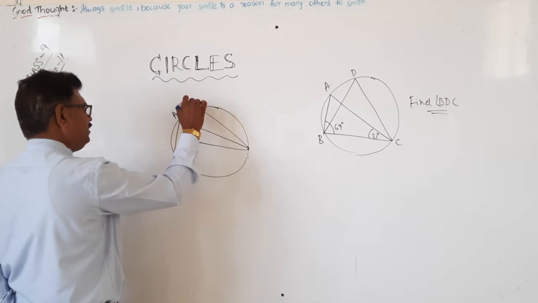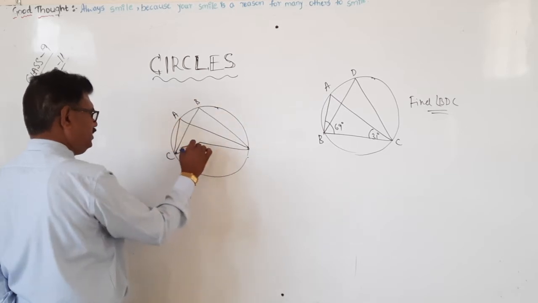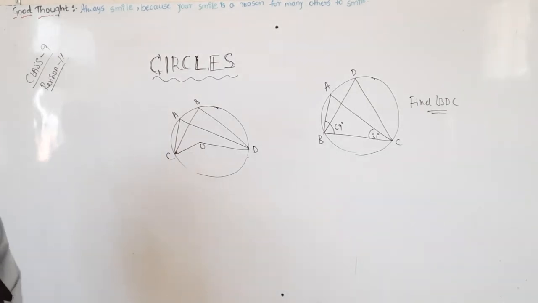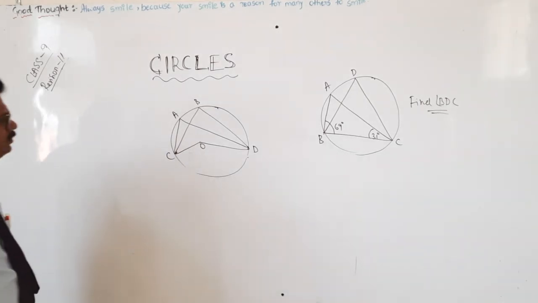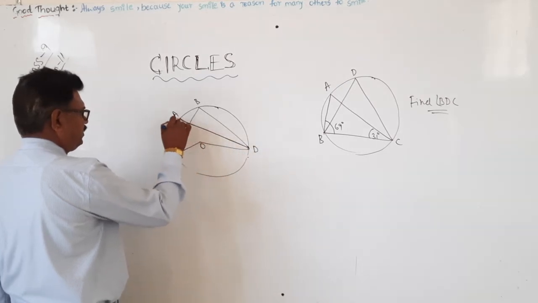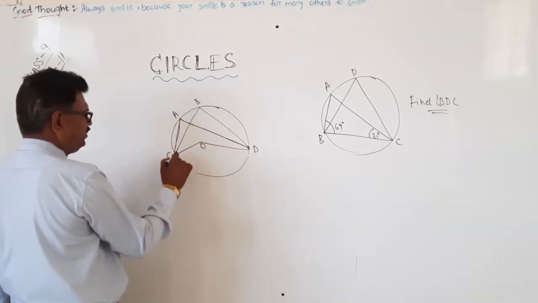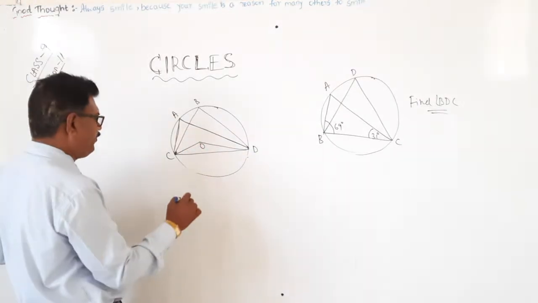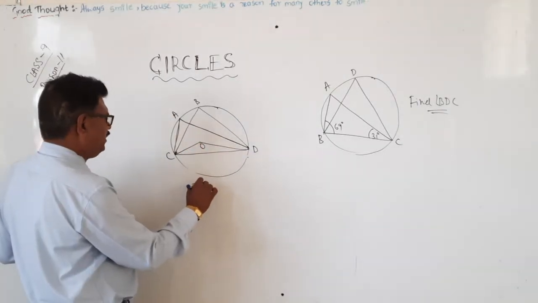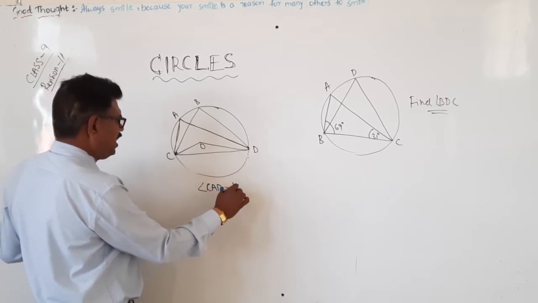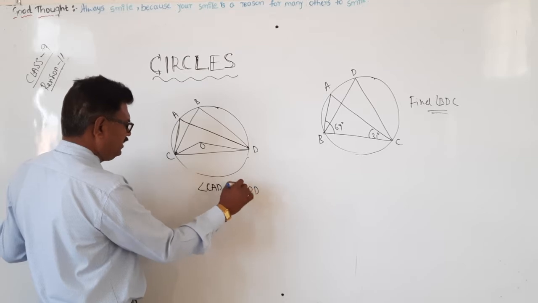A, B, C, D, O. Now, it is the angle subtended by this arc. Okay, na? This is the central angle. Therefore, what happened? Angle CAD is equal to half of angle COD.